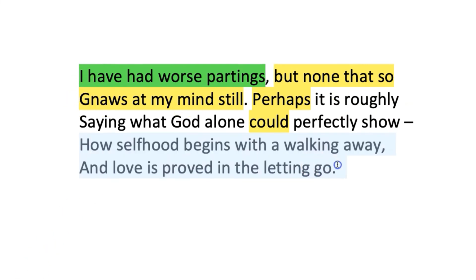Now we must analyse the final couplet, and we really have to decide how far this resolution feels hopeful. So in this line, "how selfhood begins", we can see that he's now looking at his son being able to become himself. That's what selfhood means. And the walking away isn't just leaving his father, it's walking towards his new selfhood.